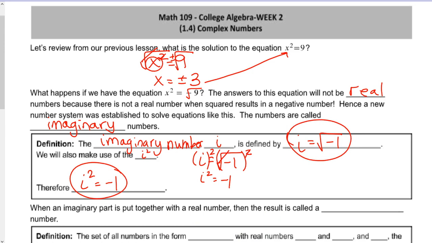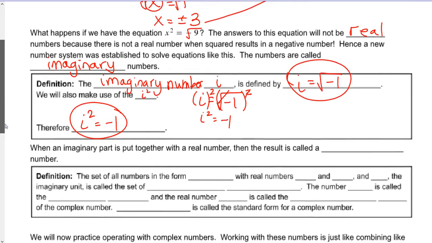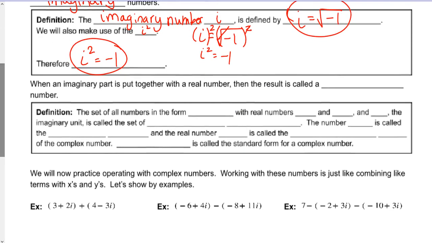Okay, so when an imaginary number is put together with a real number, this is what we refer to as complex numbers. And so complex numbers bring our real number system and our imaginary system together, and they put it all together. That's the biggest set that we get, what we call the complex numbers.